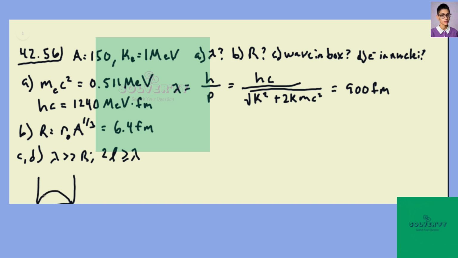The longest wavelength has its half wavelength that fills the box, so lambda over 2 equals L, and then all the other ones obviously have to have shorter wavelengths.